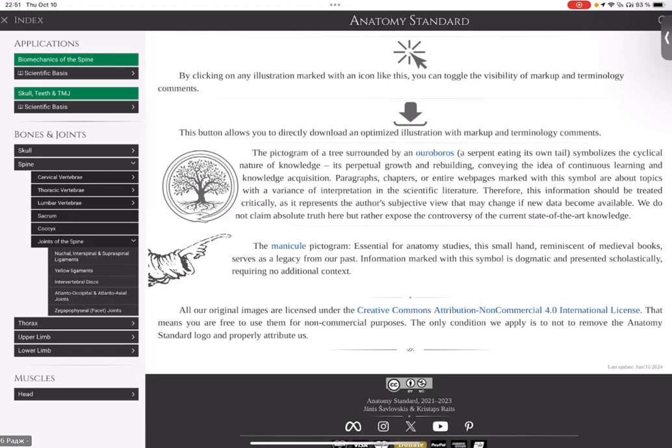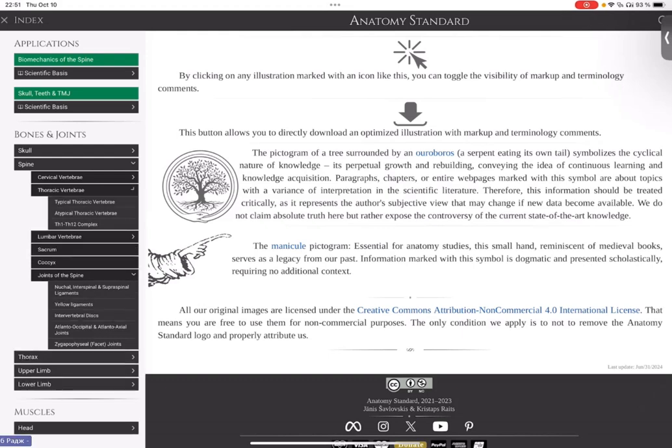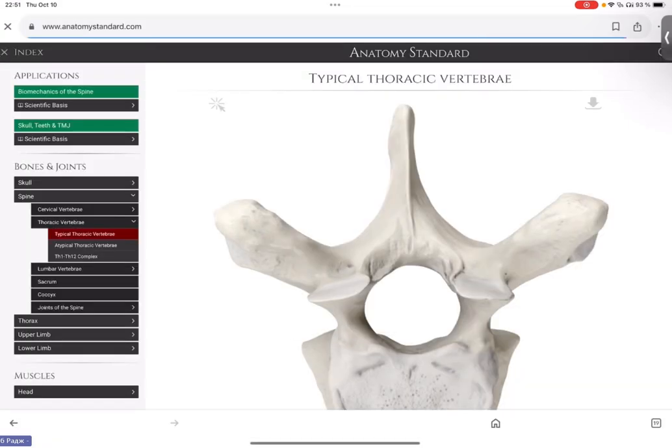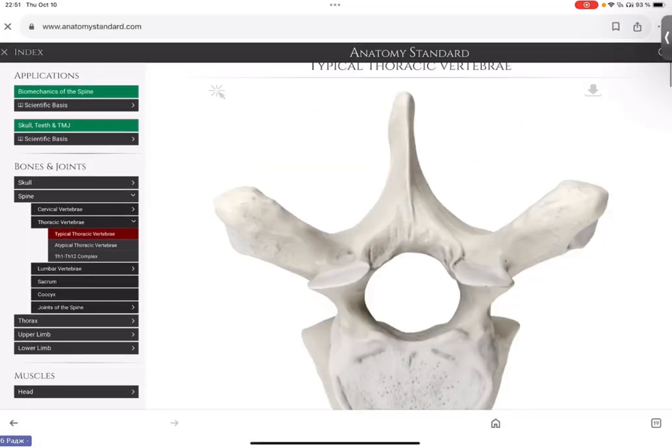Let's take our thoracic vertebrae so that I can tell you about the vertebrae itself. I will save this image.